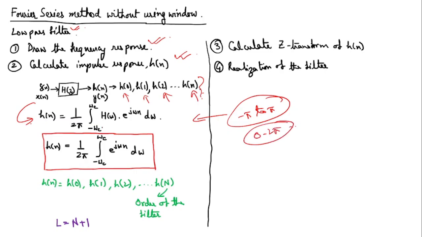One of the advantages while computing the hn values in the frequency band of minus pi to pi is that we get an integral which is quite explainable. So from here we get hn equals 1 by 2 pi integral from minus omega c to omega c of e to the power j omega n d omega. Why is this happening?